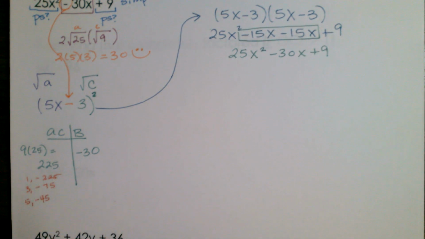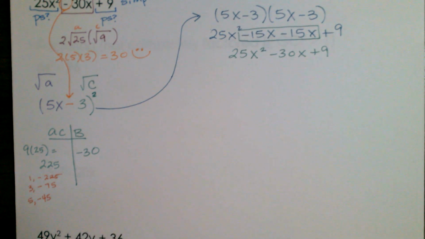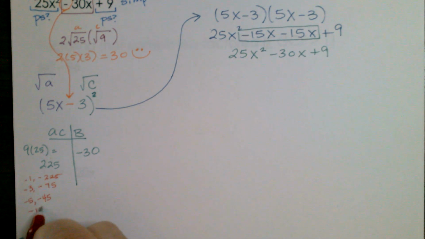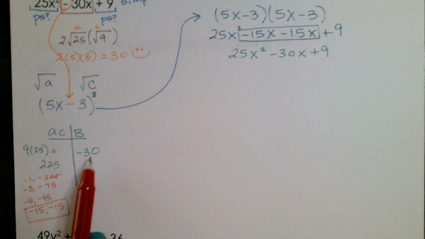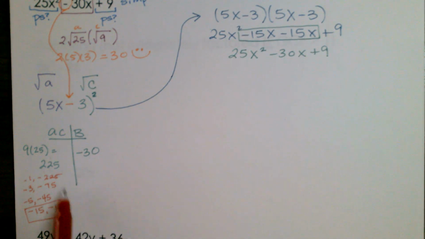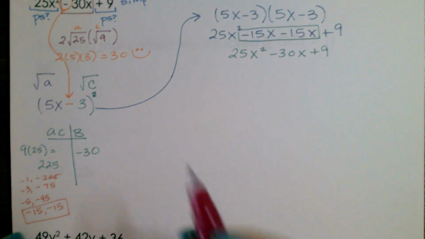Let me see if I did that correct. 6, 7, and I would keep testing, but I know that it's going to be, oops, all of these need to be negative because I need a positive product. Negative 15 times negative 15. Those add to negative 30, multiply to positive 225.